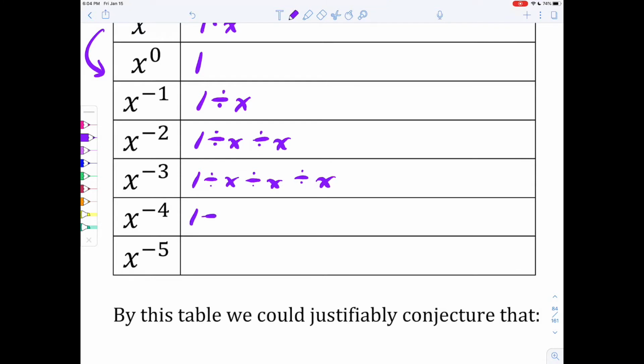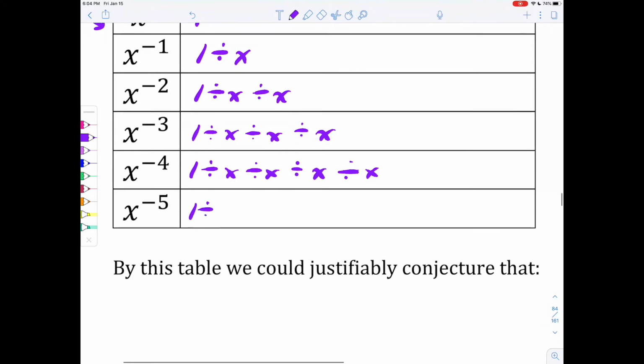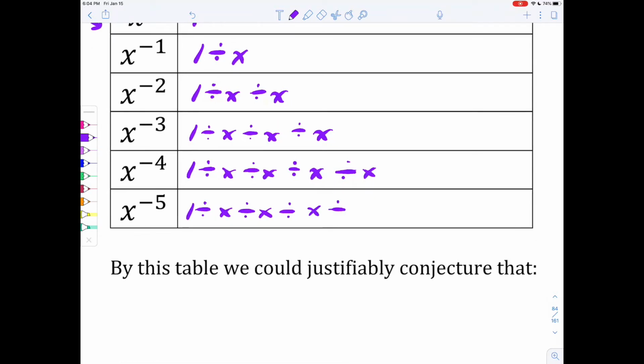X to the negative 4 is the row above it, but divided by x. And x to the negative 5 is the row above it, but divide that by x.